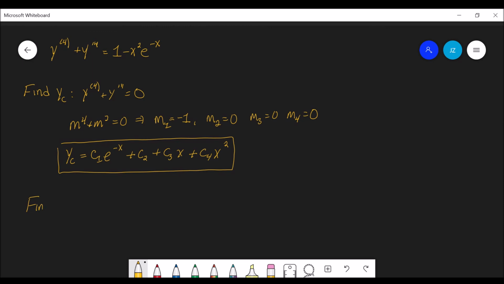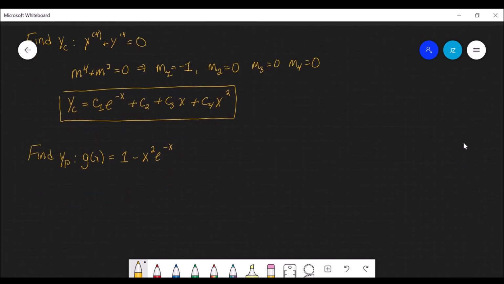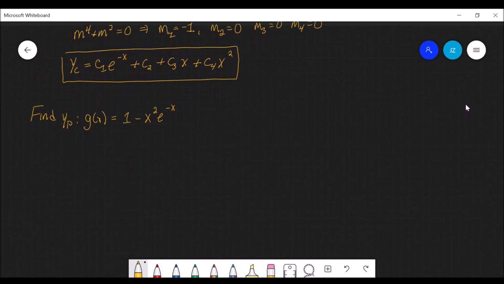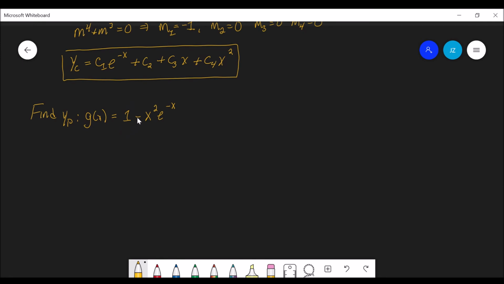We now need to find the particular solution. We do this using the fact that g of x is 1 minus x squared e to the minus x. So g is the sum of two functions, a polynomial of degree 0 and a degree 2 polynomial times an exponential. So yp1 is a.